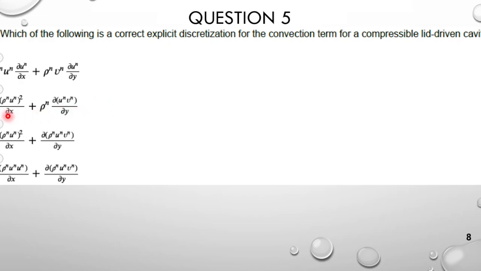I don't know how the second one is not correct. People try to write this, but I don't know whether for compressible we can also do it. I think dou by dou x of rho u plus dou by dou y of rho v will become 0 for compressible. So I think that should also be possible.